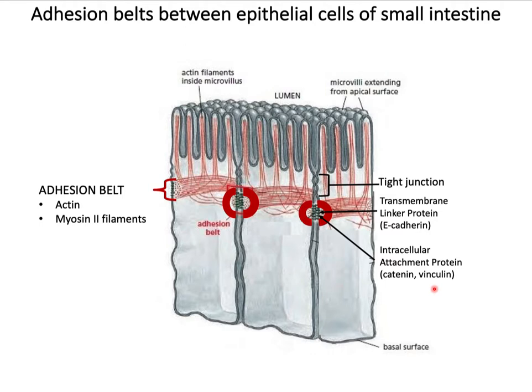In the second part of this discussion on cellular interactions, we are going to look specifically at these proteins. But for now, in these adhesion belts, the transmembrane linker protein is cadherin, and the intracellular attachment proteins can be such proteins as catenin and vinculin.